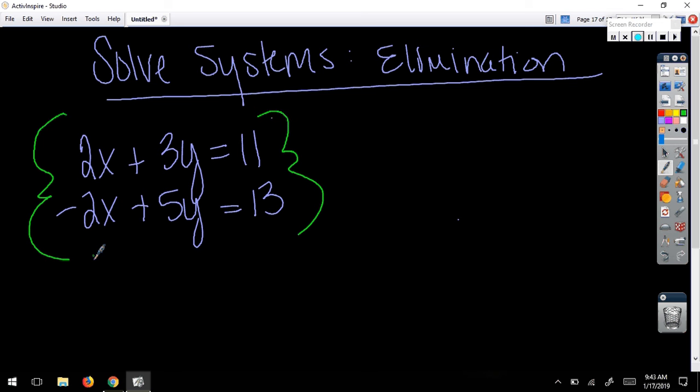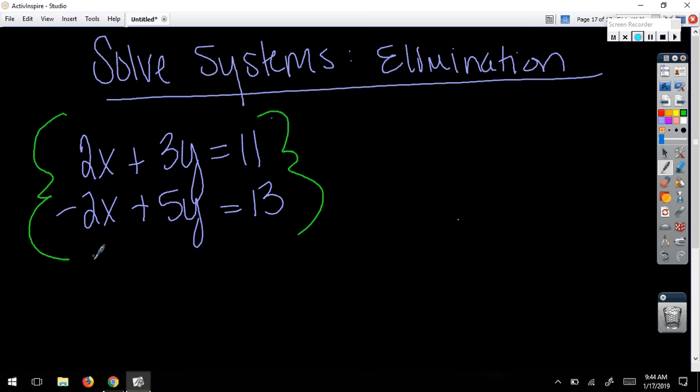But that's going to be kind of hard, because for the x, I would have to move the y and divide, or vice versa. Both of them have coefficients on them. It'd just be a lot of work, and I'm going to end up with some fractions. It's not going to be very nice.